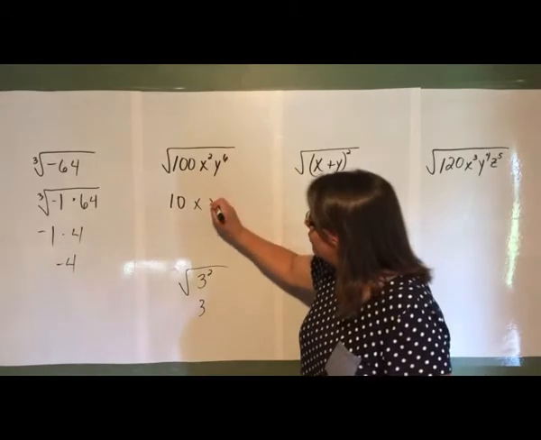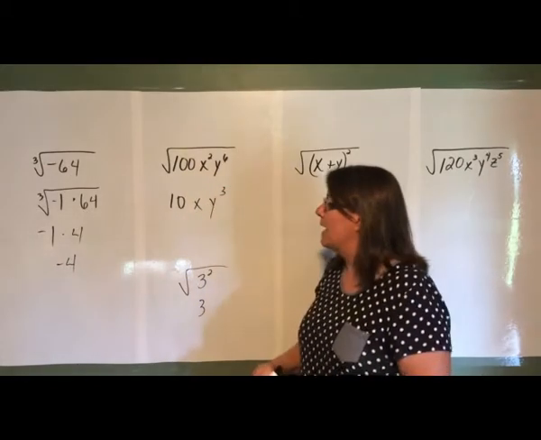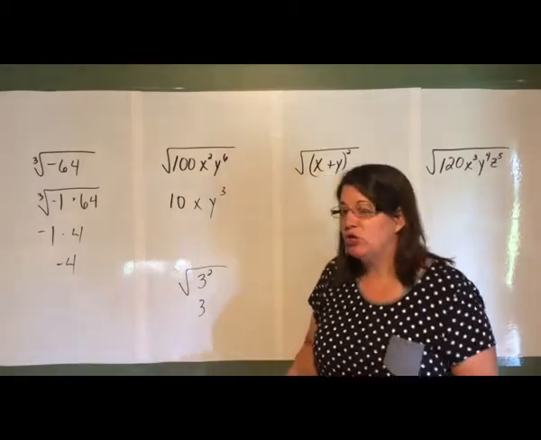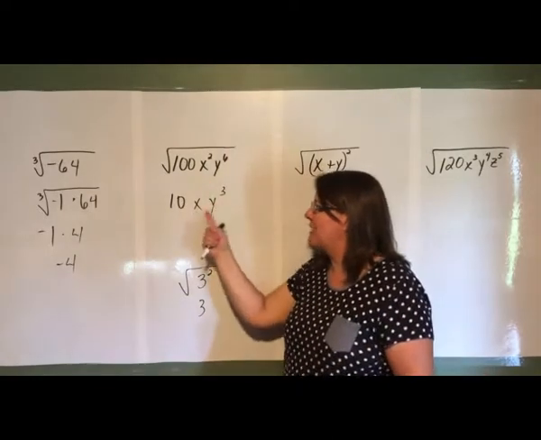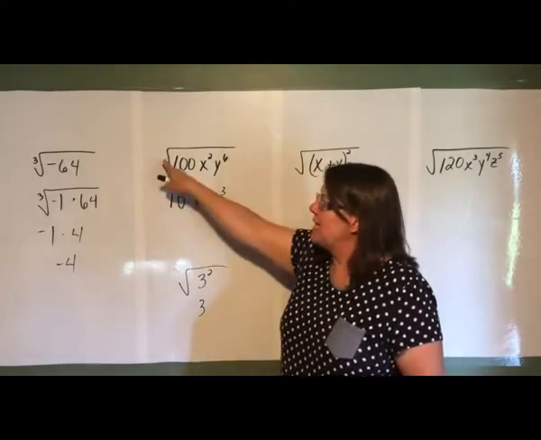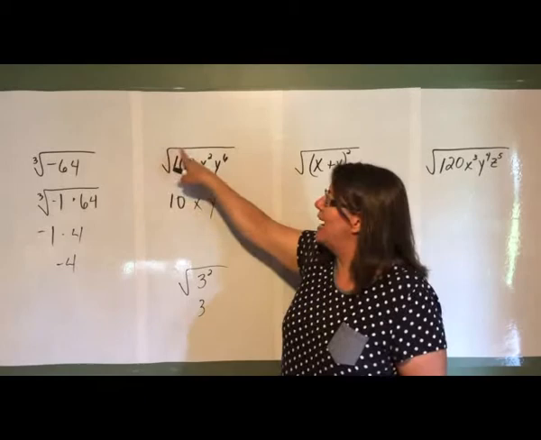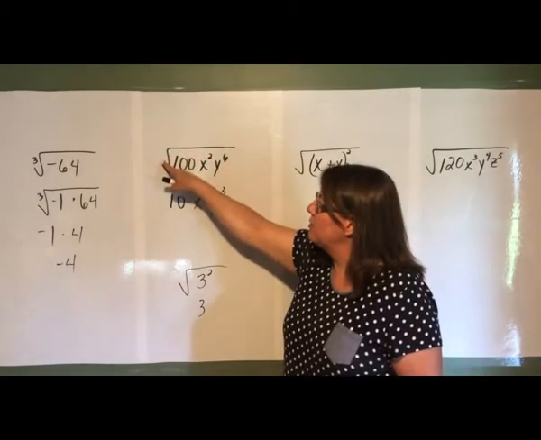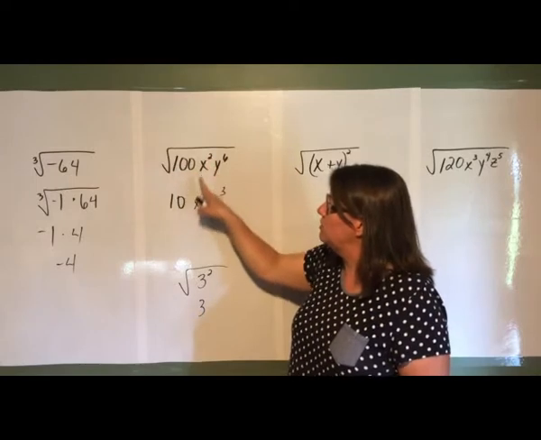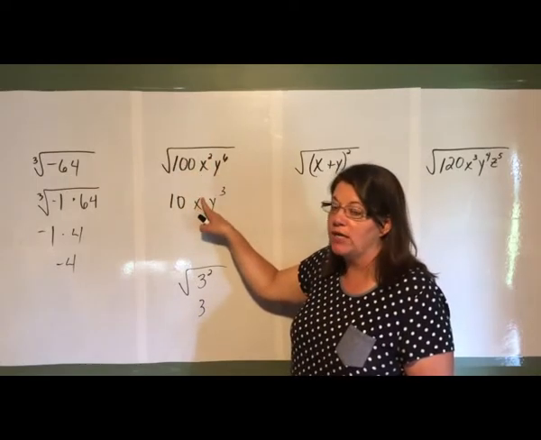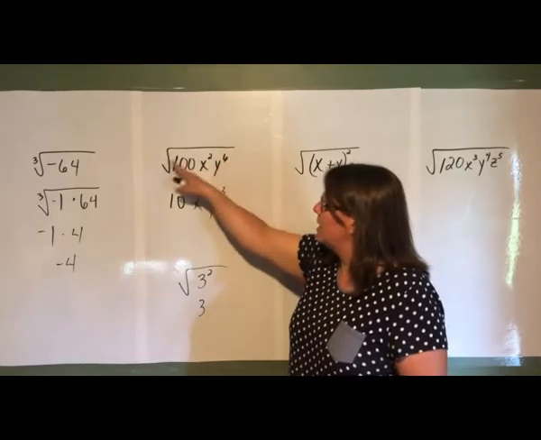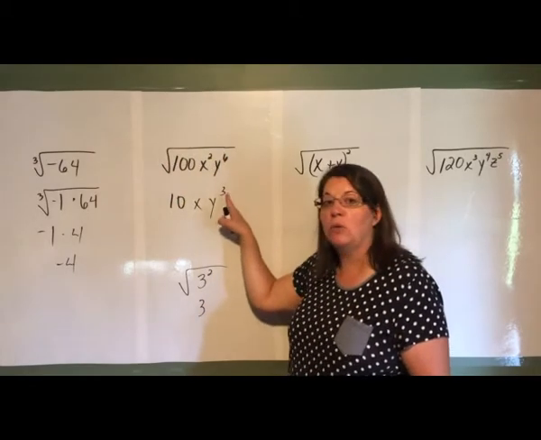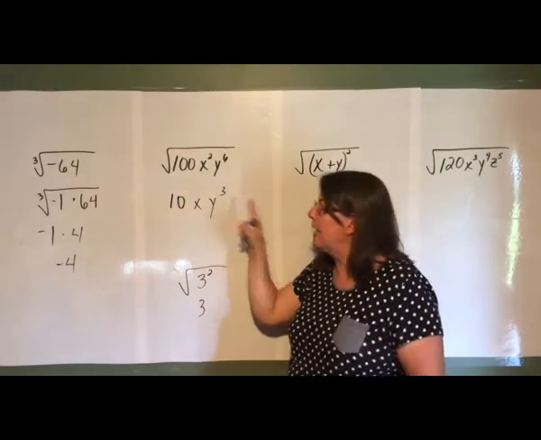So we have 3 y's that will come out. Now, another thing you could do for that, if you don't like thinking about it that way, is just take the index number and divide it into your exponent. So the index number here is 2, so 2 divided by 2 is 1. There's 1 left over, 1 coming out. 6 divided by 2 is 3, so we take 3 out, okay?